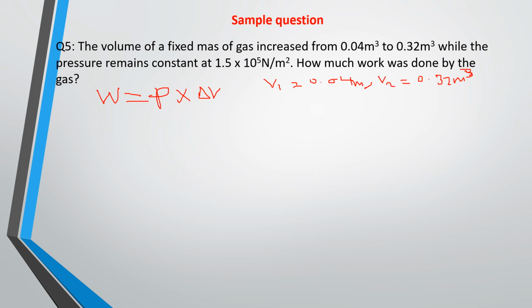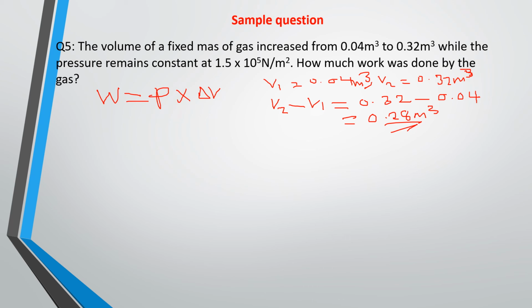So the change in volume is V2 minus V1, which is equal to 0.32 minus 0.04. By the time you work that out, you will have 0.28 meters cube as your change in volume.